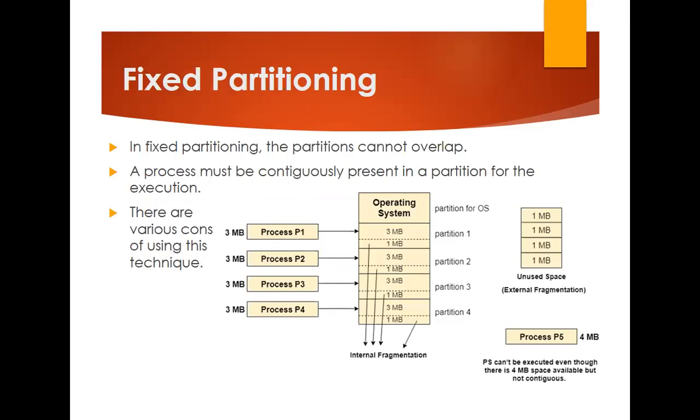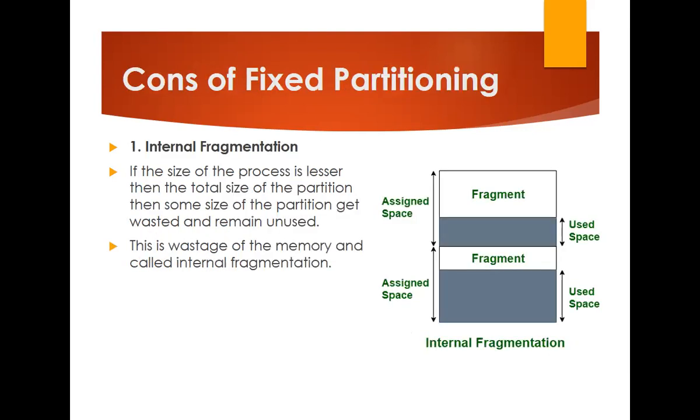Once you put this process in, the others cannot use that space. Think about that: if you have 16 megabytes of memory and 4 megabytes are still free, but you can't use it, that means 25% of your memory can't be used. This is one of the disadvantages, internal fragmentation.